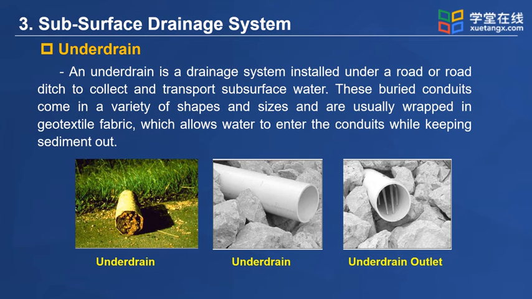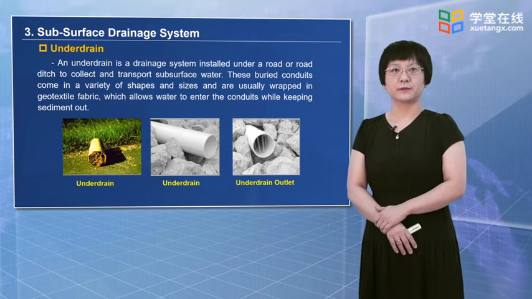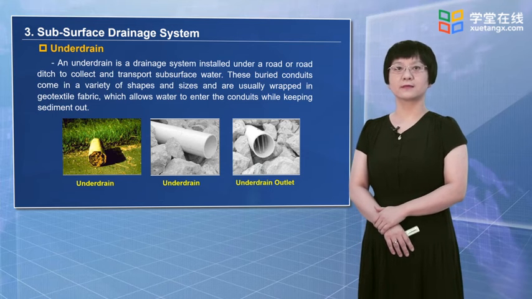The second is underdrain. An underdrain is a drainage system installed under a road or road ditch to collect and transport subsurface water. These buried conduits come in a variety of shapes and sizes and are usually wrapped in textile fabric, which allows water to enter the conduits while keeping sediments out.